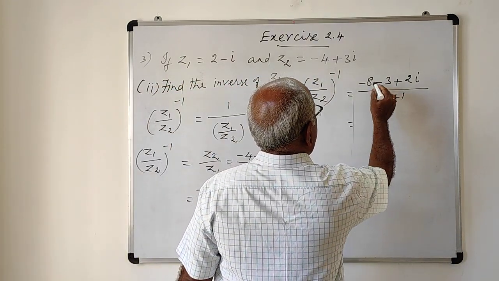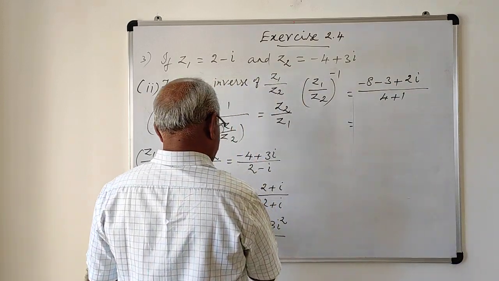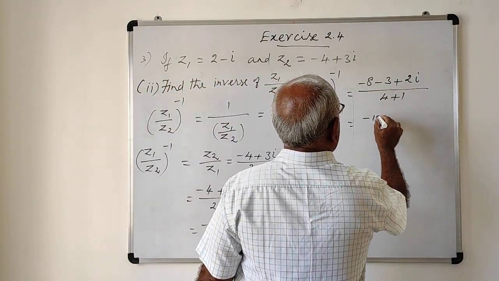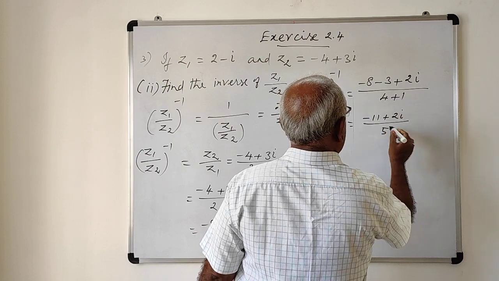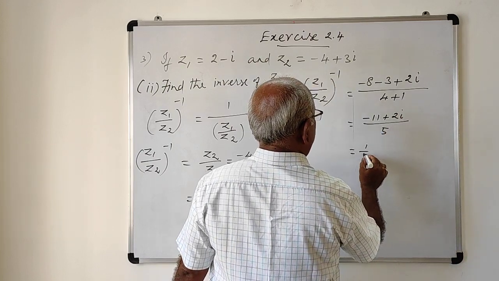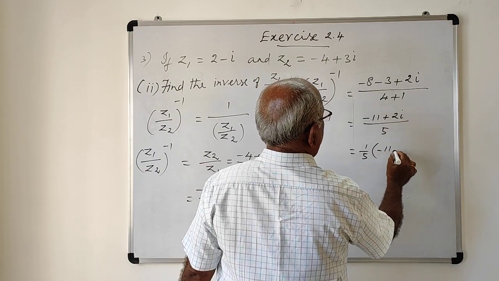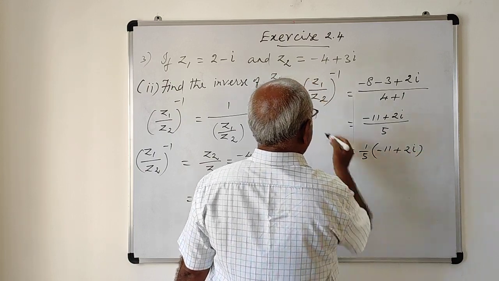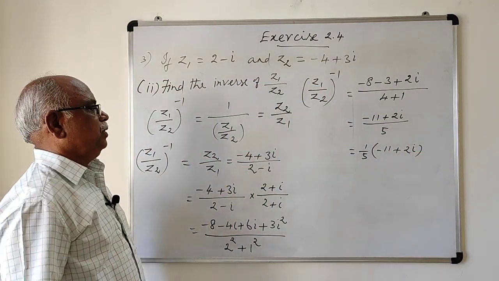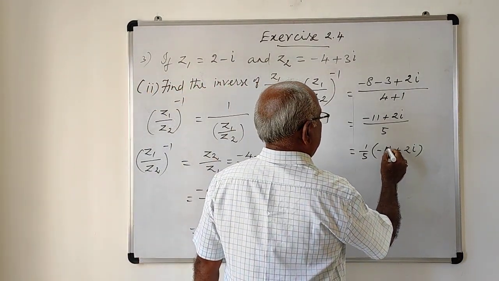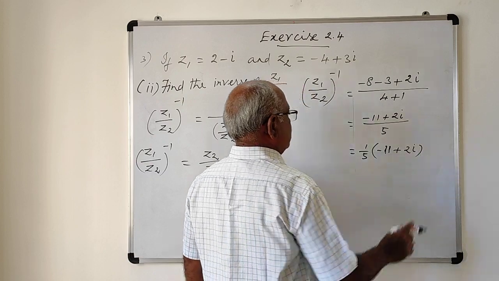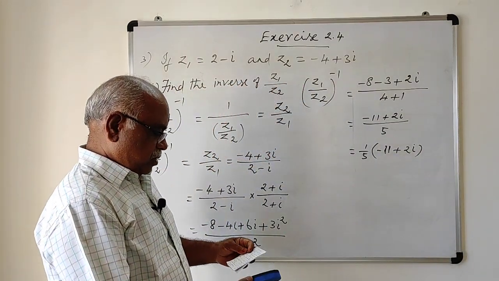Numerator minus 8 minus 3, minus 11 plus 2i by 5. This is 1 by 5 into minus 11 plus 2i. This is the value of Z1 by Z2 inverse. That's all.